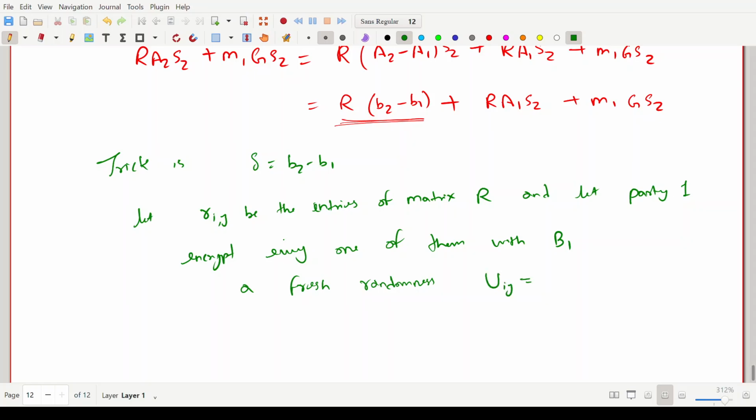What is that? r dash b1 plus rij g. As I told you, I am just encrypting this rij with this new b1, which is sampled. Okay.